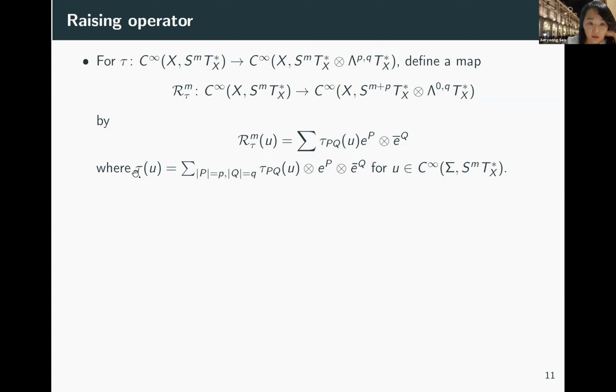Given a smooth section u, if we express tau u like this, where here e bar q is the 0,q part, and this is a symmetric part, then we just take the symmetric product with the holomorphic form part to here. Then we can get the raising operator.